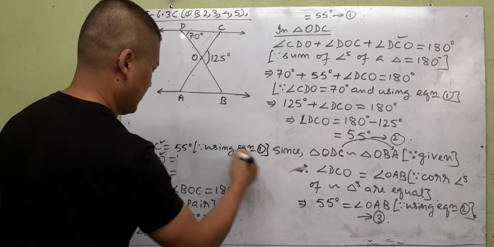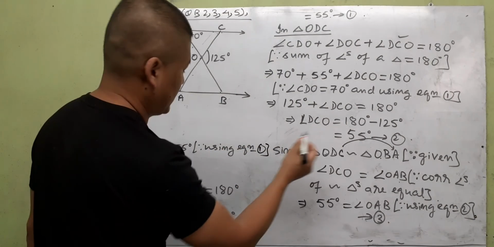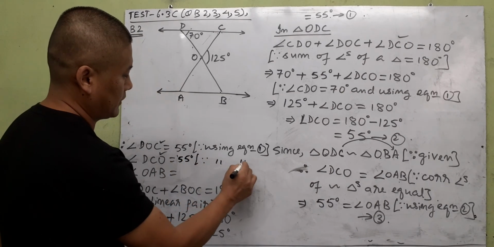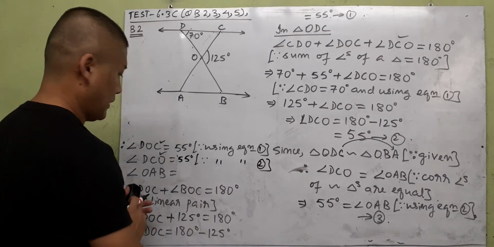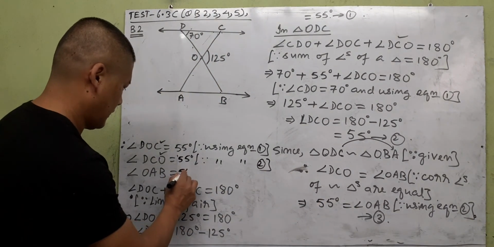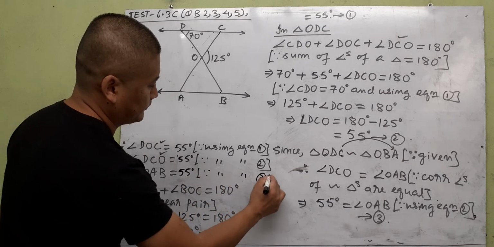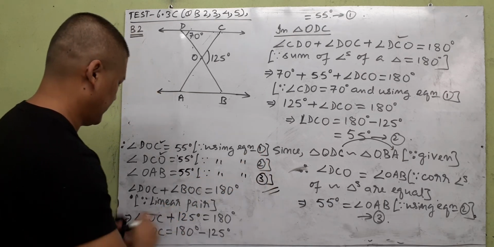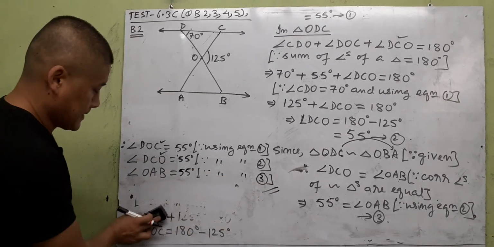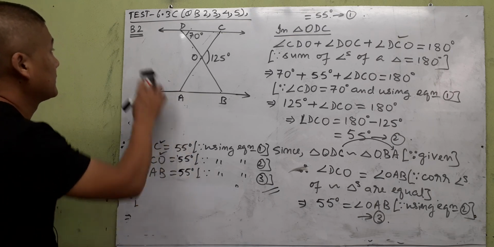And DCO is 55 degrees again, since using equation number 2. OAB also is equal to 55, and we write that by using equation number 3. So these are the 3 answers. You write like this below this. Okay, once you're through with that, we'll go to the next question, B3.